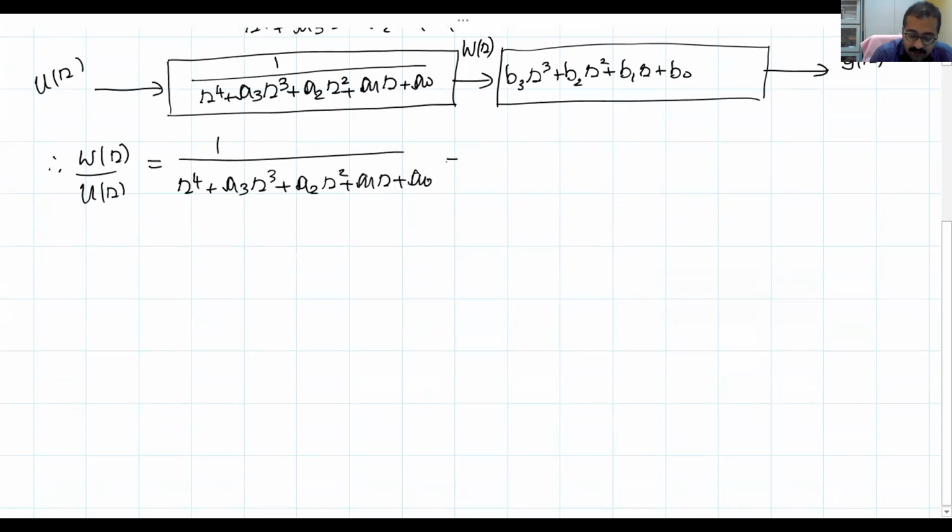In the time domain, s in the Laplace domain is equivalent to d by dt. So s raised to 4 W of s becomes the fourth derivative of w of t.